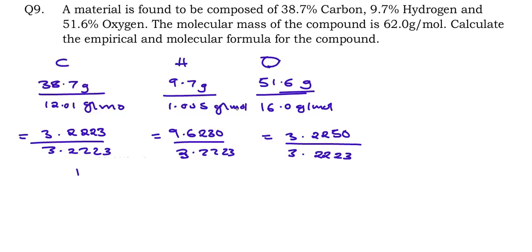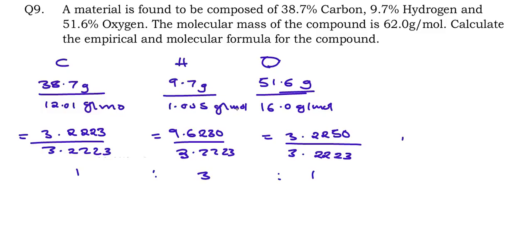For hydrogen we get 2.99, which we can round off to 3. For oxygen we get 1.00, which we can just write as 1.